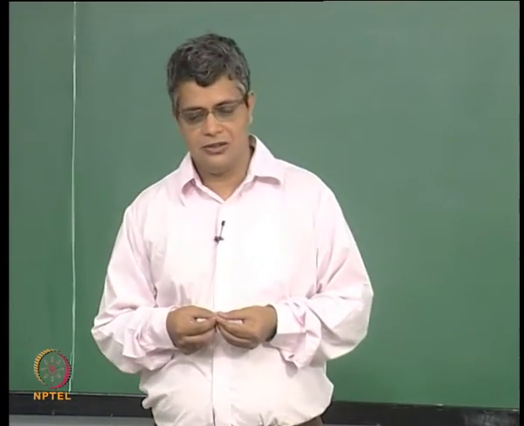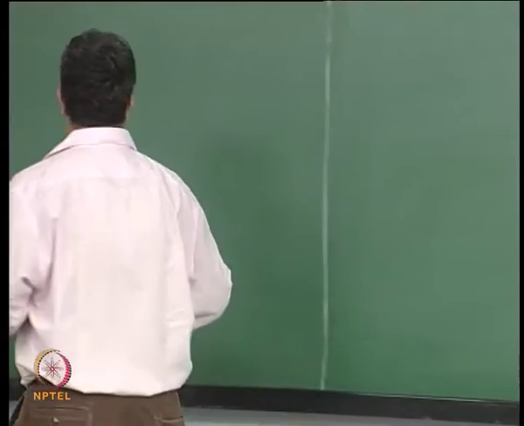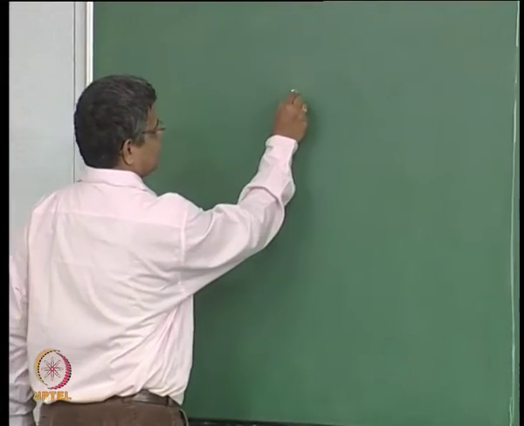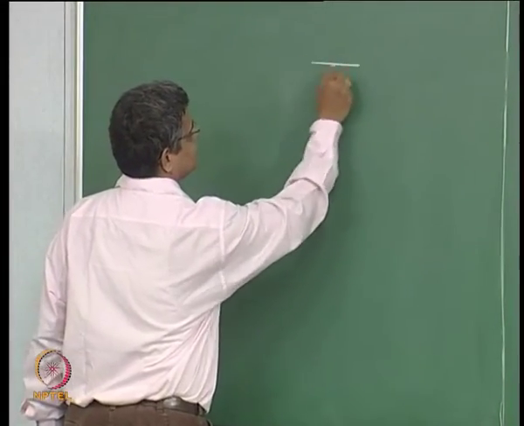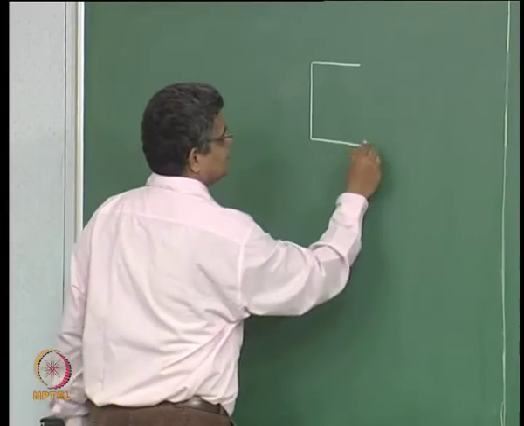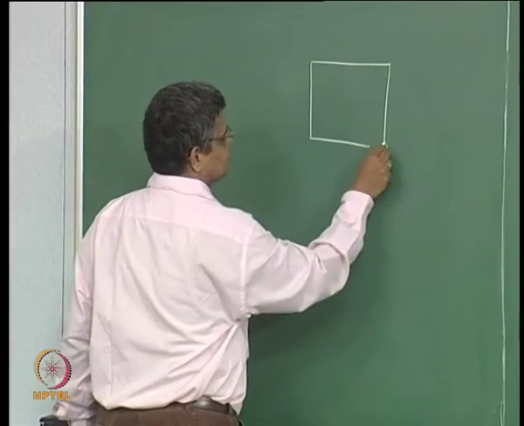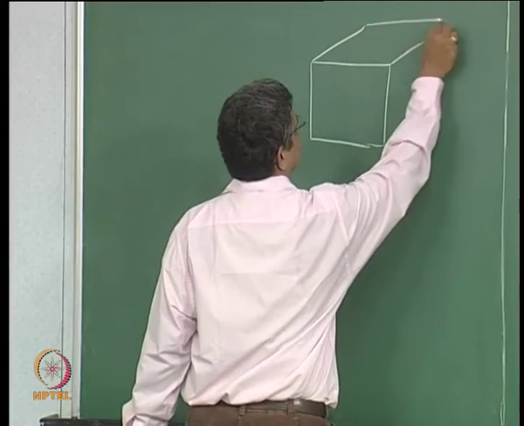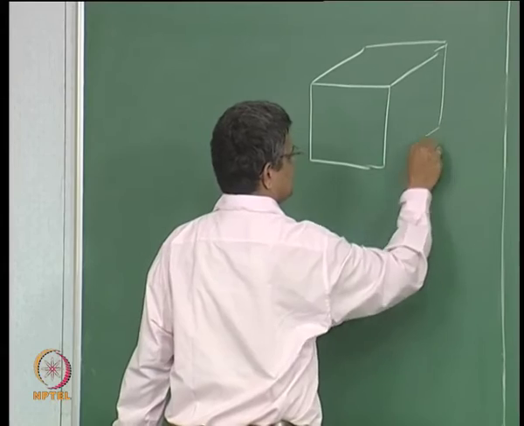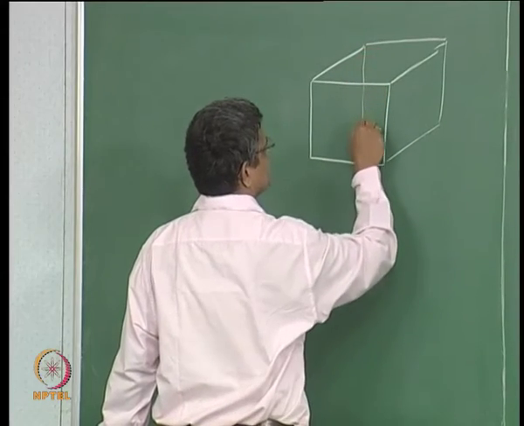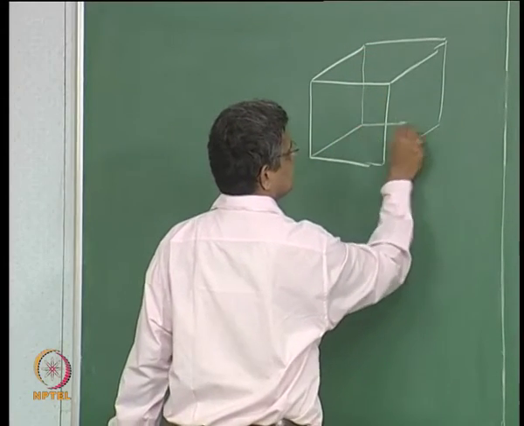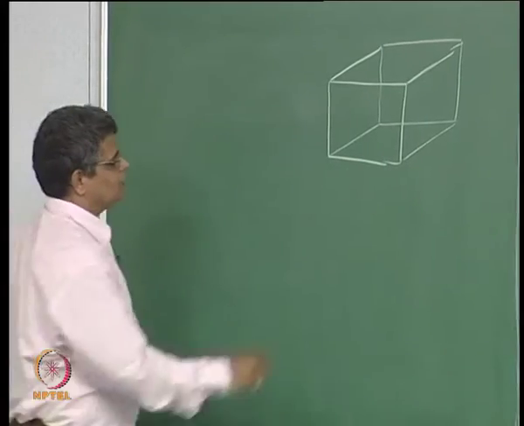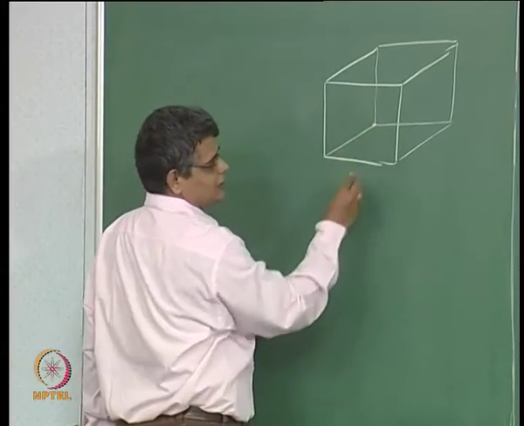So what we do is that we take a control volume like what we have done earlier, and as usual we locate the origin at this point.